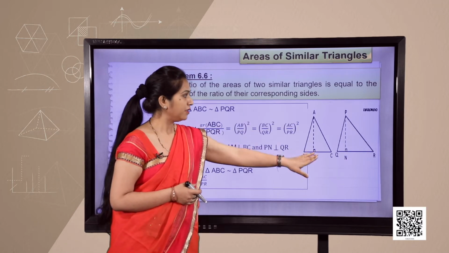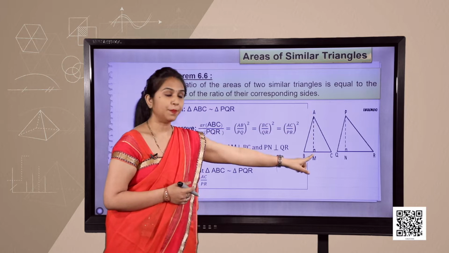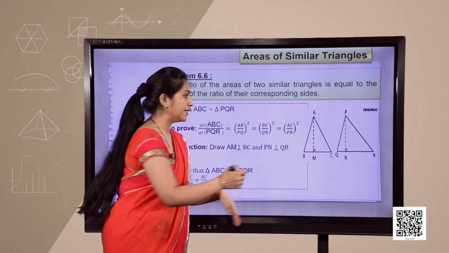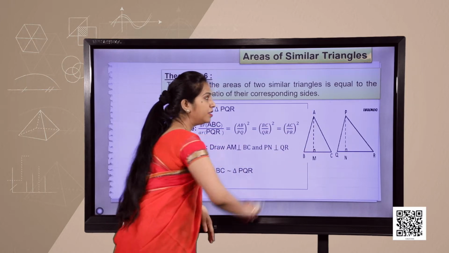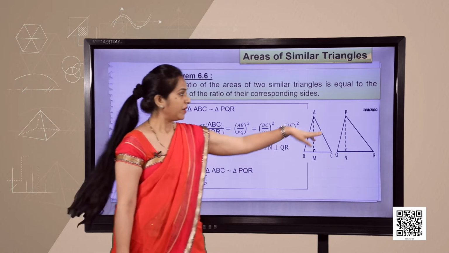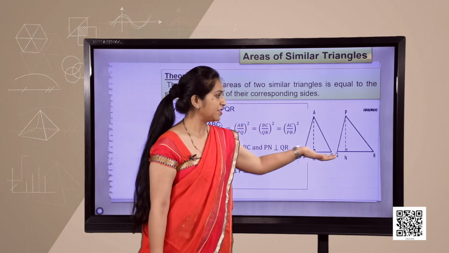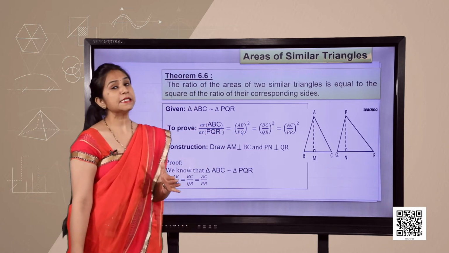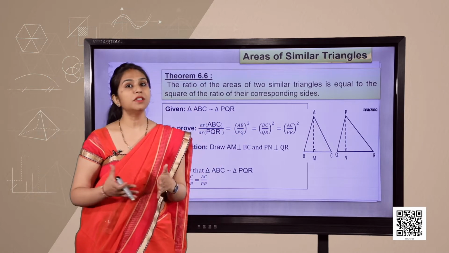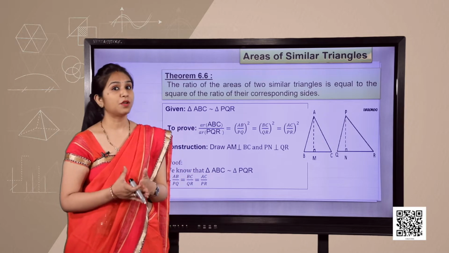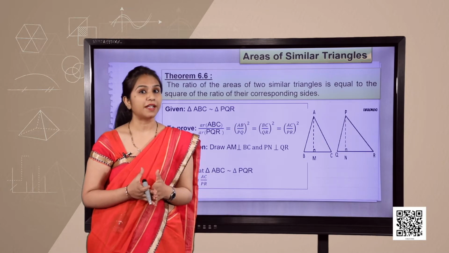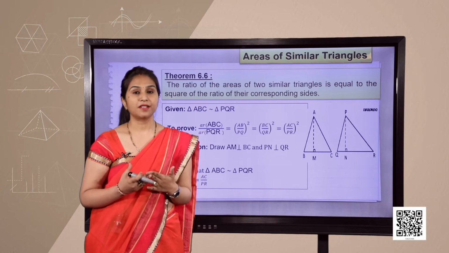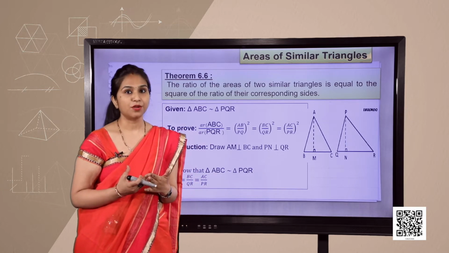Children, to prove this theorem, we are doing one construction. In the first triangle, we are drawing AM perpendicular to BC. You can see the perpendicular sign here. In the next step, we are making PN perpendicular to QR. Since it is given that both the triangles are similar, because of similarity we can write that the sides of the triangles are in ratio and their angles are also equal.